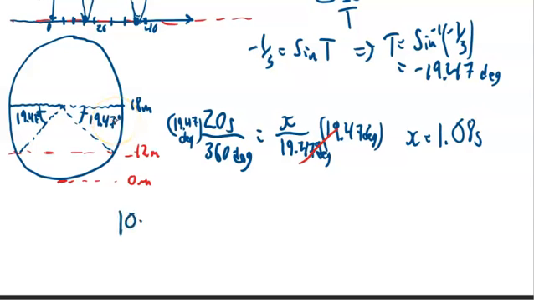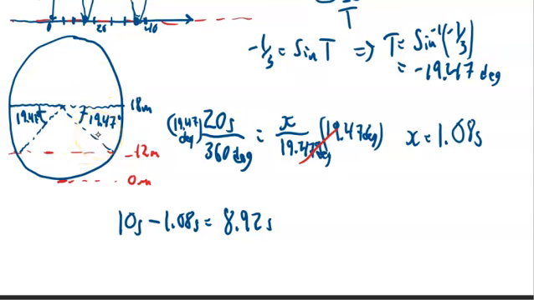So it'd be 10 seconds minus the time it takes to go from here to here, which is 1.08 seconds. And this is 8.92, I believe. My mental math is good. 8.92 seconds to go.